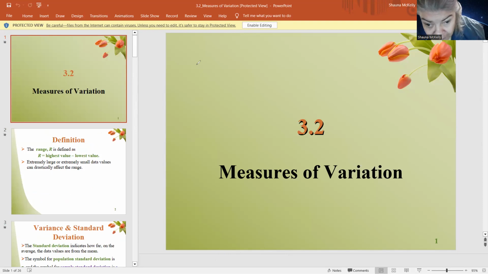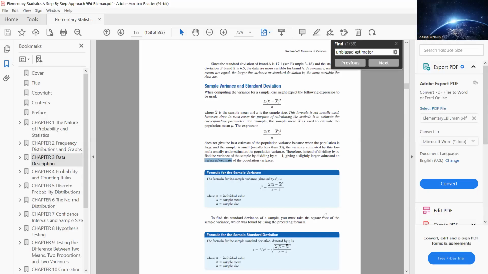So let's look at this. Here's your variance, your standard deviation. Okay. After the formulas for the standard deviation and the variance, we have some other verbiage around here.